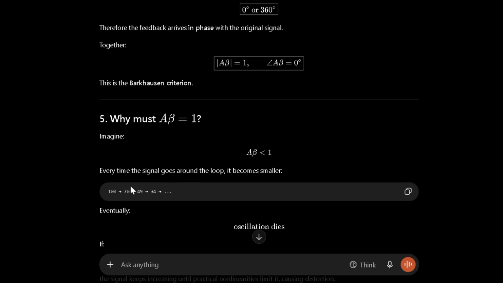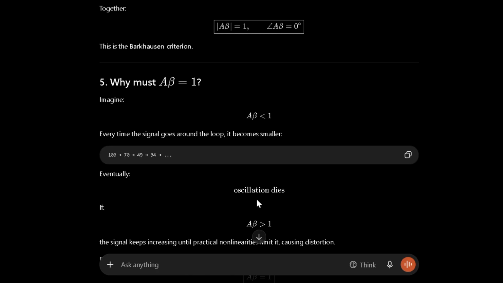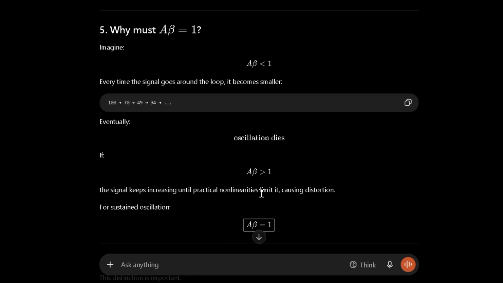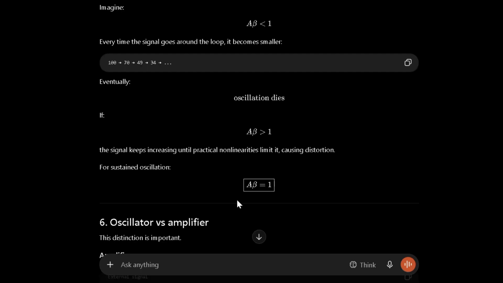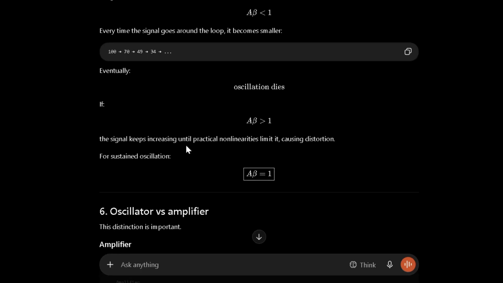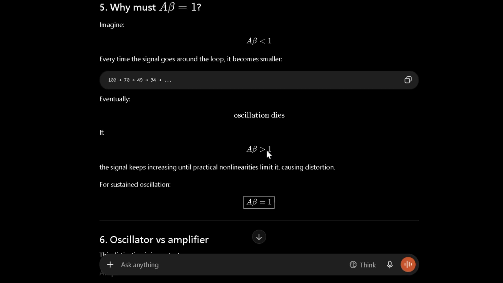Why must A beta equal 1? Imagine A beta less than 1. Every time the signal goes around the loop, it becomes smaller, like 100, 70, 40, 34. So eventually the oscillation dies. If A beta is greater than 1, the signal keeps increasing until practical nonlinearity limits it, causing distortion.